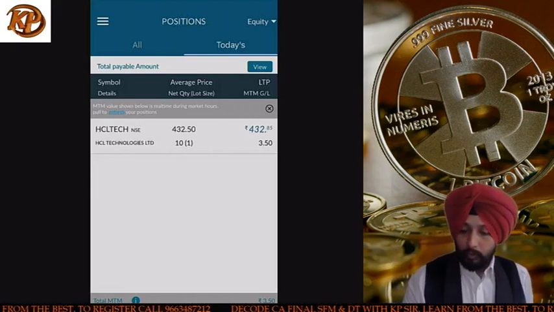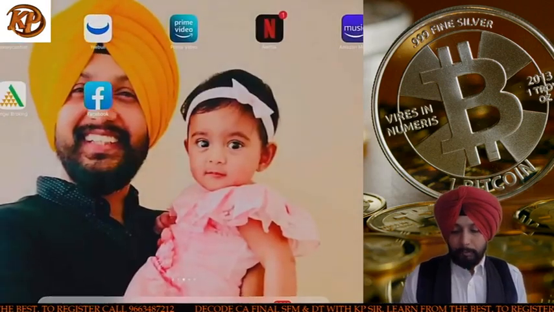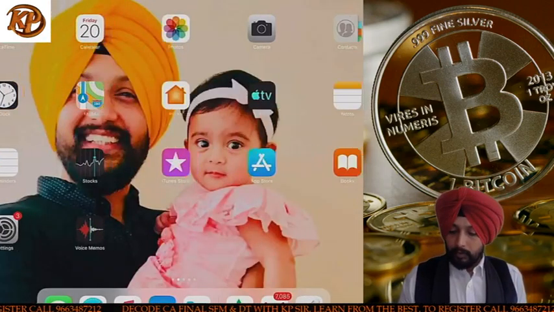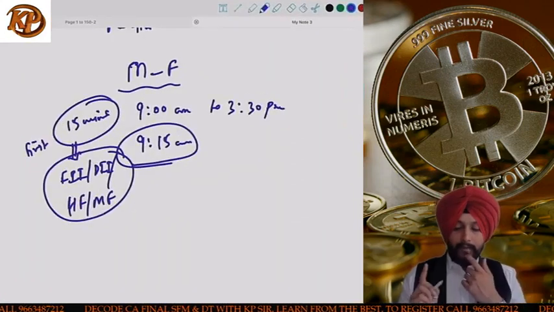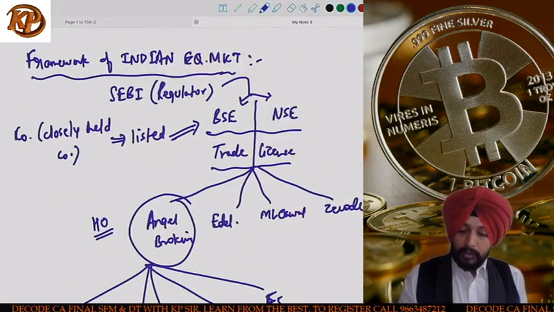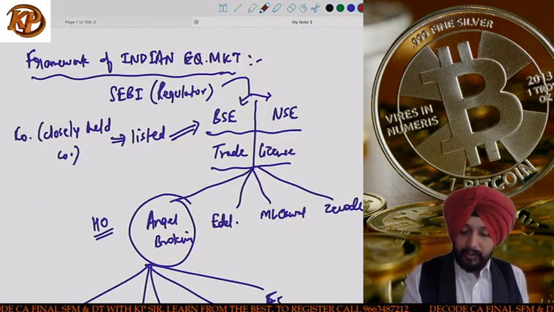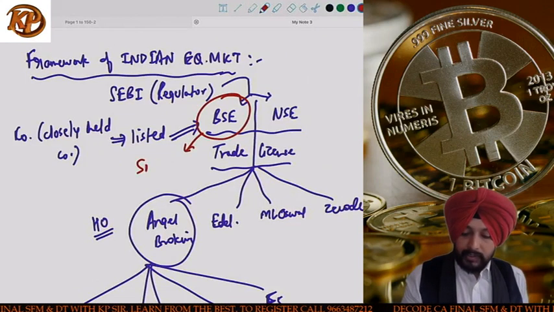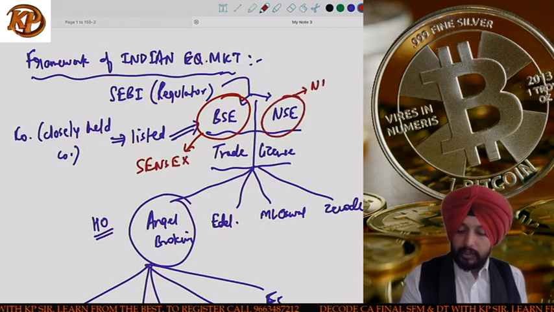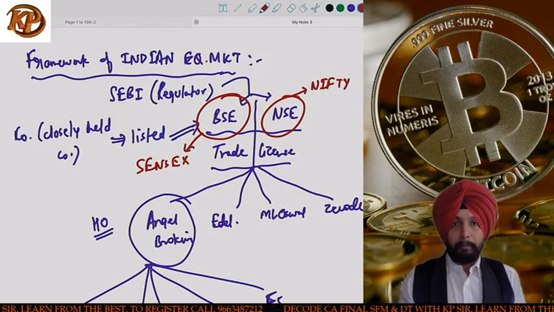Okay guys, apart from this, I told you one more thing, that in India you have two indices. Coming back to my discussion, BSE has maintained an index called Sensex, and NSE has maintained an index called Nifty.